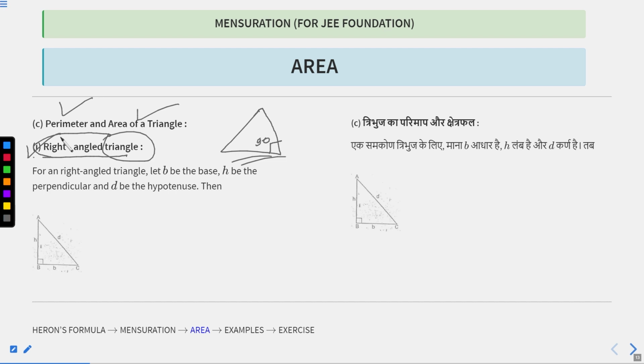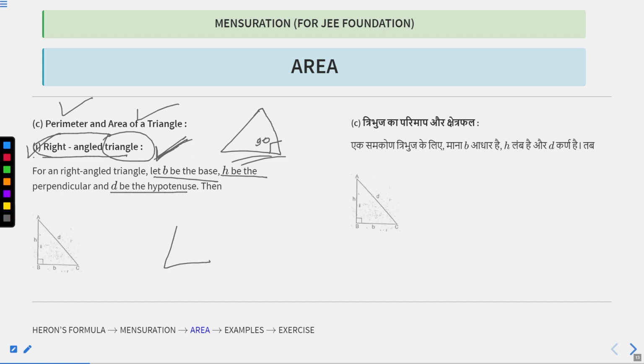I hope this is true. And one more thing is that it has a base, a height, and a perpendicular height, and a hypotenuse. If you try to recall the Pythagoras theorem, it applies only on this specific type of triangle.